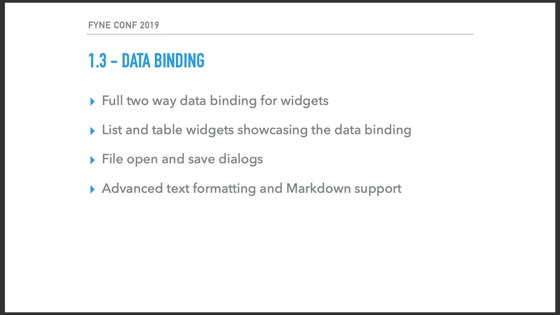Now, with all of these, there's a lot of work involved, and large pieces of work require a lot of planning. In fact, for those who have been paying attention through the project's history, you might have noticed that we were initially hoping to have data binding in version 1.2.